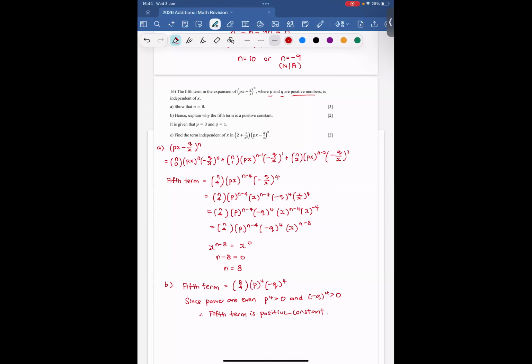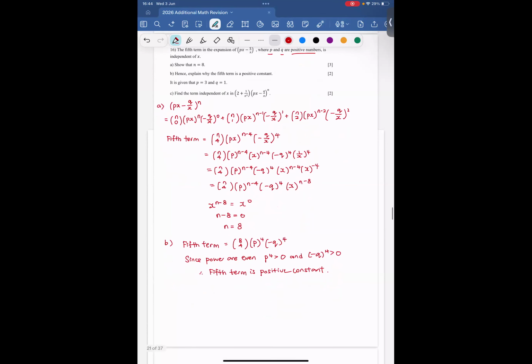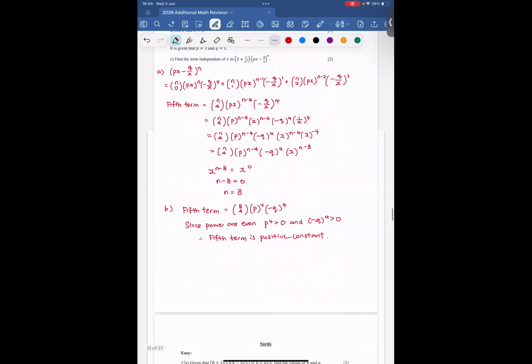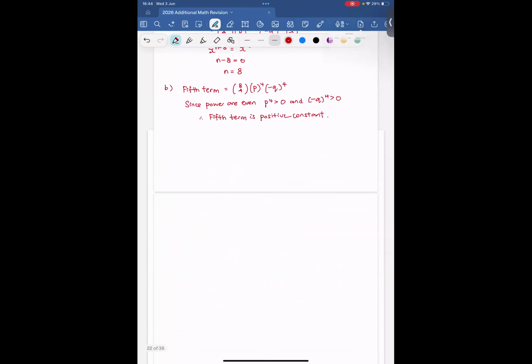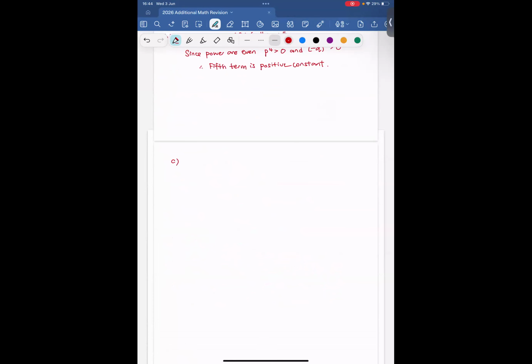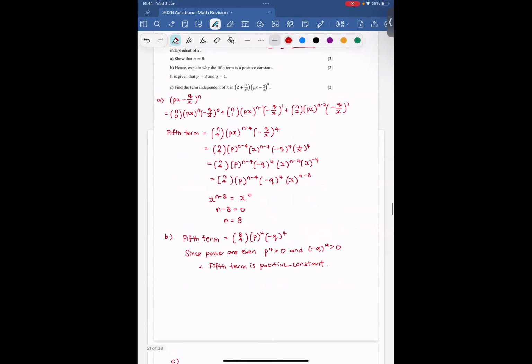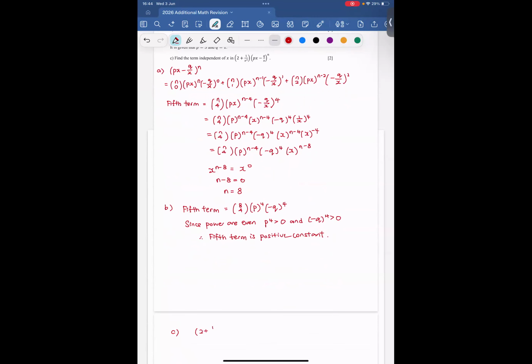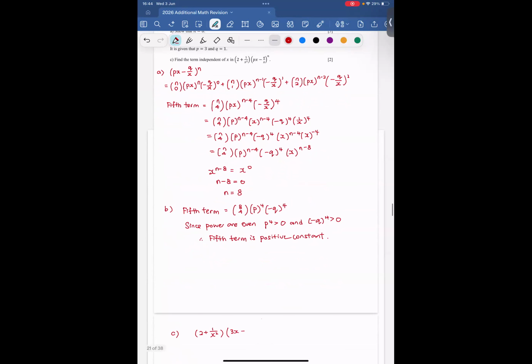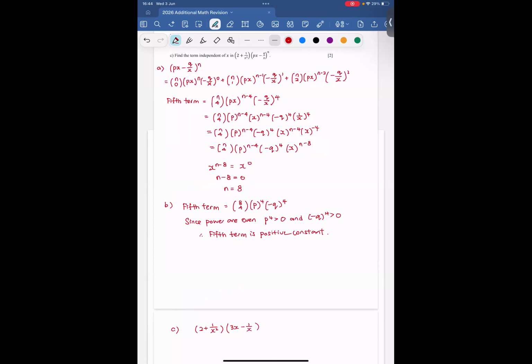It's given that p is 3 and q is 1. Find the term independent of x in this expansion. So part C, we have 2 plus 1 over x squared. P is 3, q is 1, n is 8.